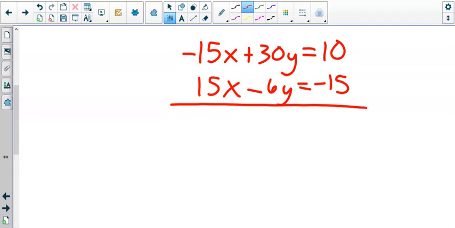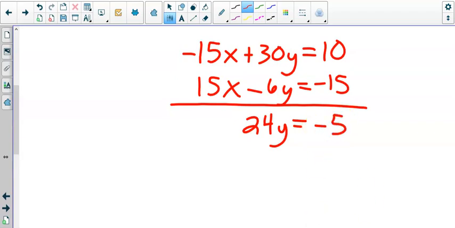You're going to solve it. Yes, which means that we need to add down each one of these columns. So what's going to happen to the x? Cancels out, which we knew was going to happen. What's 30 minus 6? So we got 24y equal to, what's 10 minus 5? Or minus 15, sorry.